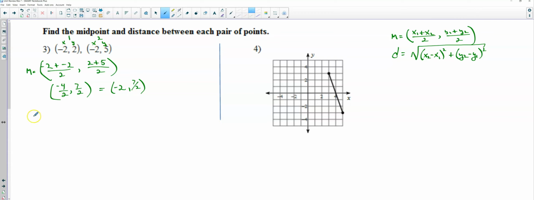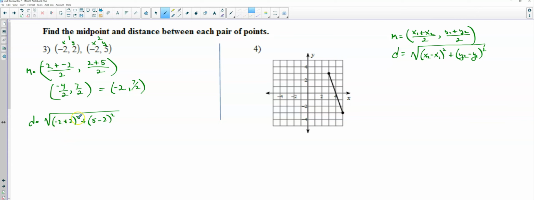So to use that, the distance is equal to the square root of what? The x in point 2, that would be -2 minus -2. So when it's minus negative, it's plus 2, right? Squared, plus, there's the plus, y in point 2, which is 5, minus the y in point 1, which is 2, and then squared.